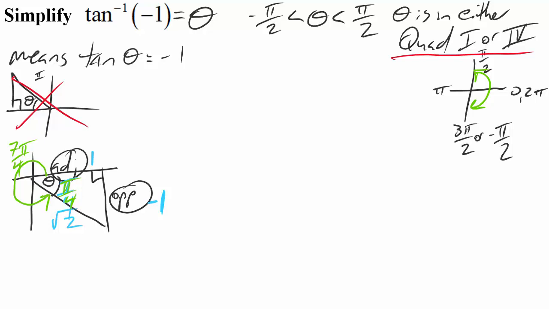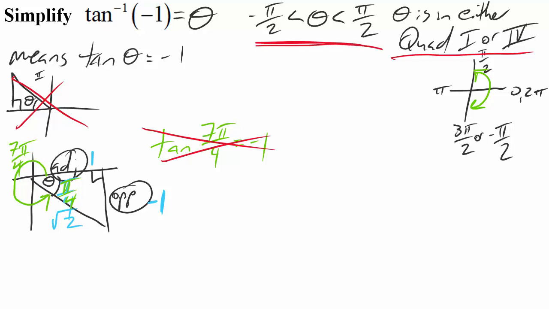And it is true that the tangent of 7 pi over 4 is equal to negative 1. The only problem is that is incorrect for our purposes here, because it violates our restriction that our angle theta has to be between negative pi over 2 and pi over 2.